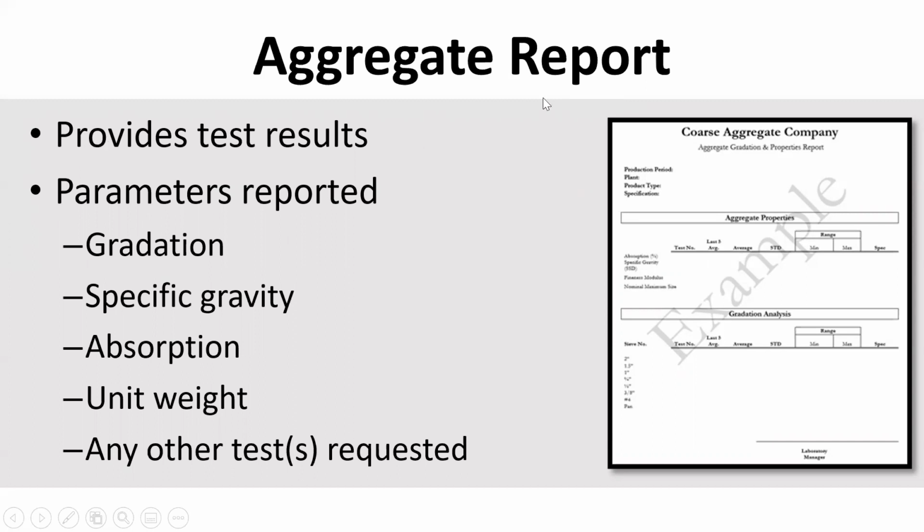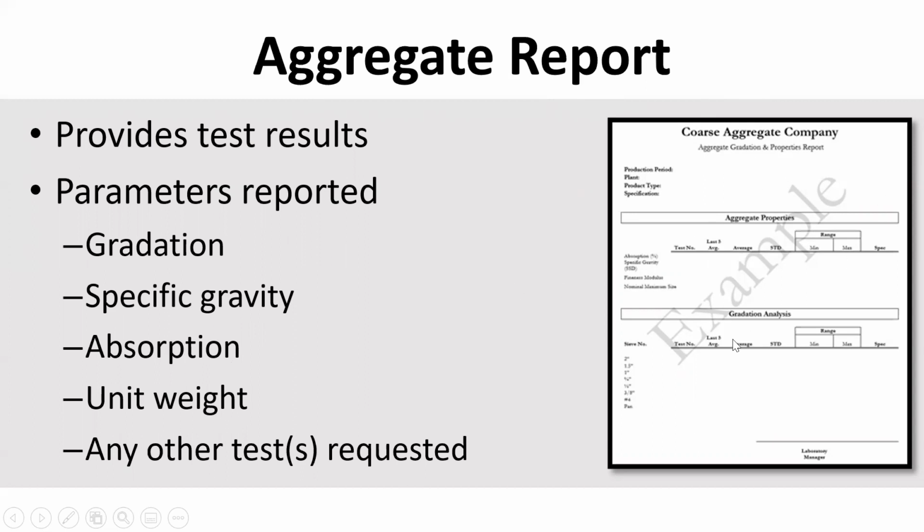So again, aggregate reports are going to provide the test results. Any lab report is supposed to provide test results, what tests they actually ran, and what they'll look at. For most aggregate test results, you're going to have gradation, what your sieve analysis was. They're usually going to run specific gravity and absorption on it, and a lot of times they'll run unit weight too.